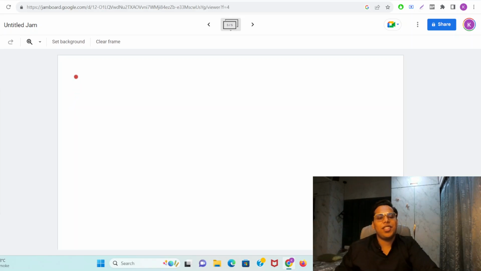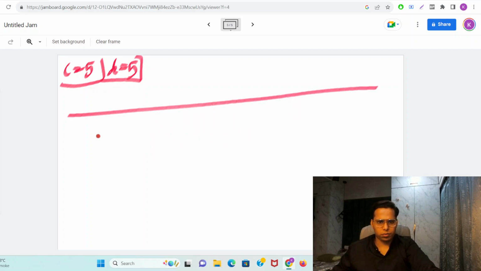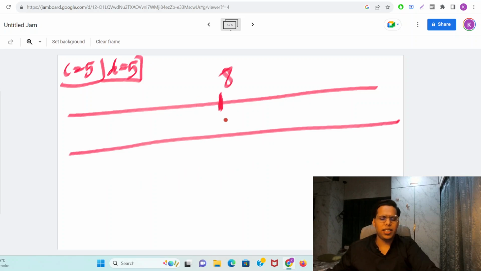Let's take an interesting example. Let's say C is 5 and D is also 5. This is 5. This is 3.